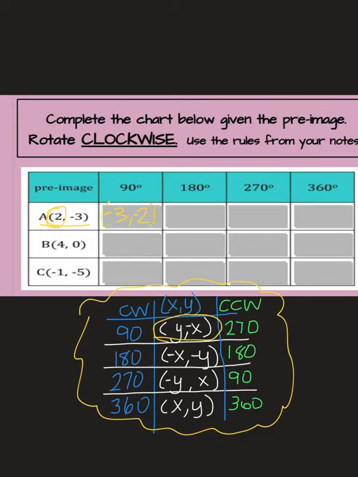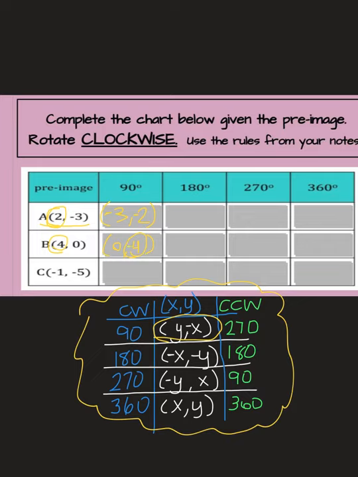So if I do the B coordinate of 4, 0, I'm going to switch my coordinates around, and my X, which was 4, is going to become the opposite. So here's my 4, it's going to become a -4.